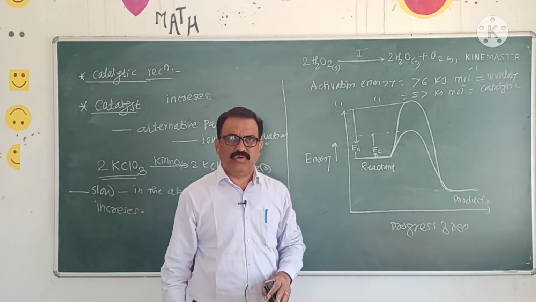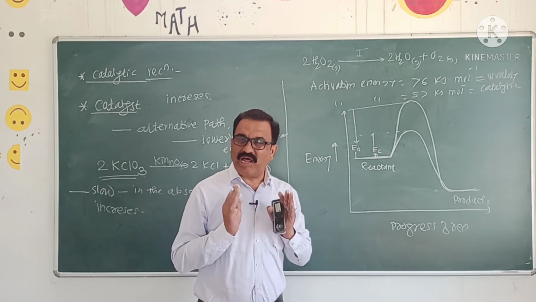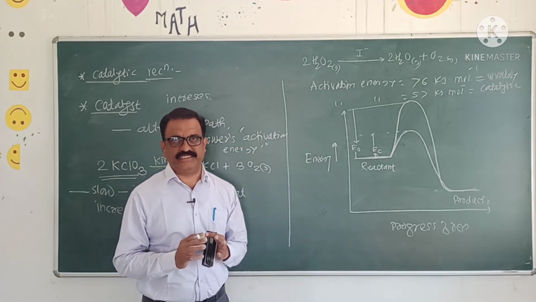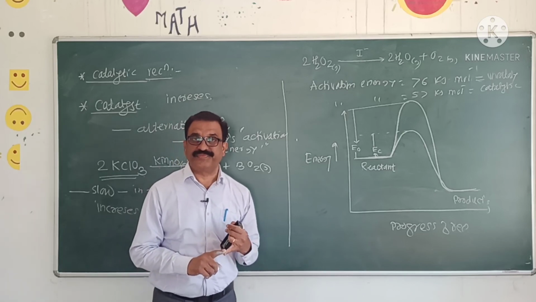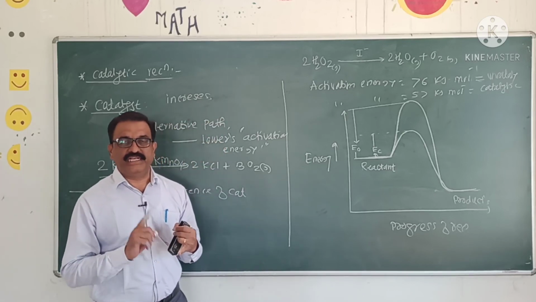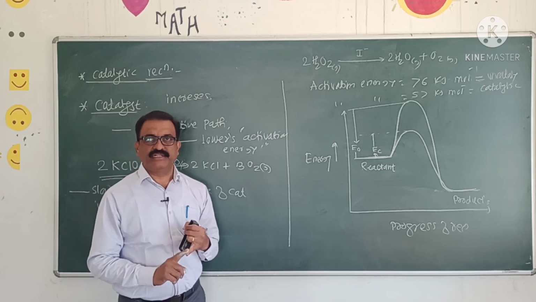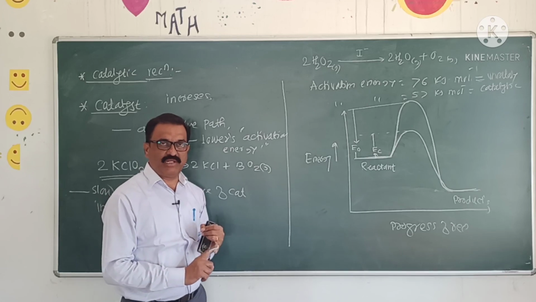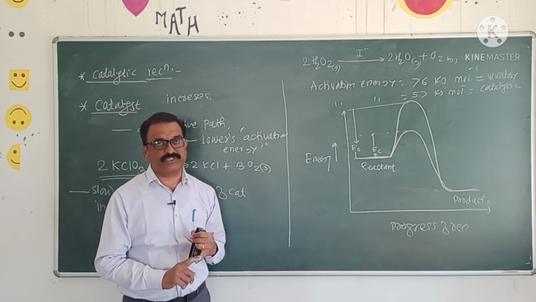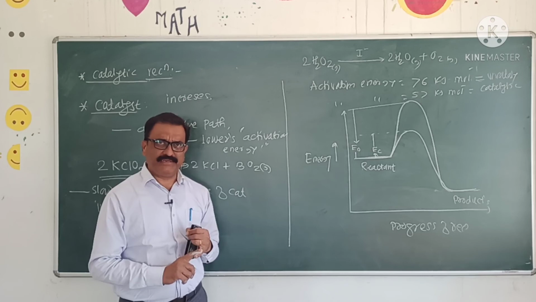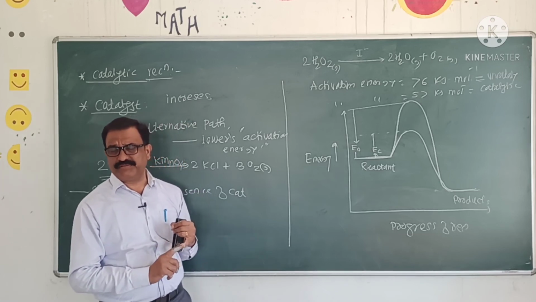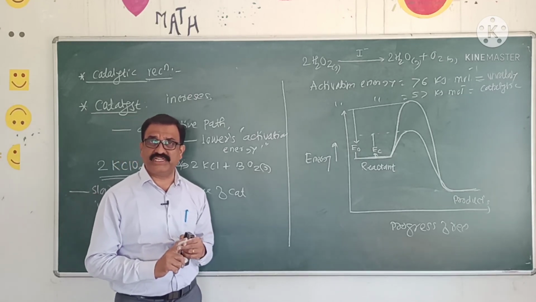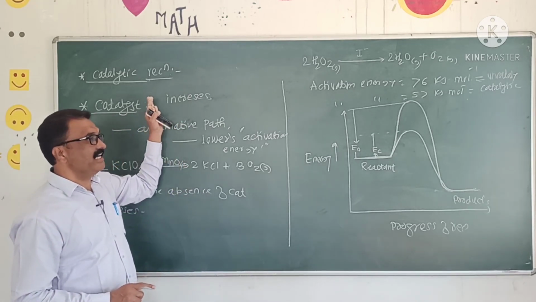Here we have completed all theoretical units for our chapter, chemical kinetics. This chemical kinetics includes average rate, instantaneous rate, then the rate law or differential rate law, its mathematical equation, a statement, then order of reaction, molecularity, first order reaction, zero order reaction, and the catalytic reaction.